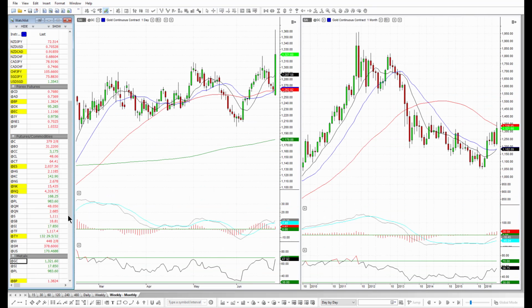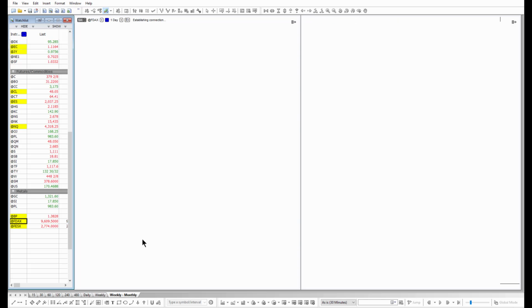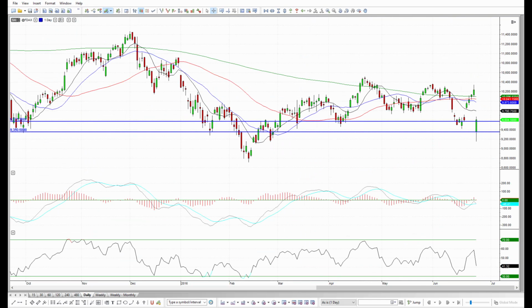Now let's take a quick look at the stock markets as well. When we look at stock indices, the one that I prefer to trade out of all of them, certainly compared to the FTSE, is the DAX. And if we take a look at the move here on the DAX as well, we can see that we've got a couple of levels marked in here, 9,400, then just above that level up here where there's also been previous support and resistance.